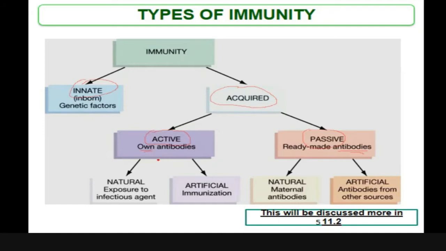For active acquired immunity, it is divided into naturally acquired and artificially acquired.